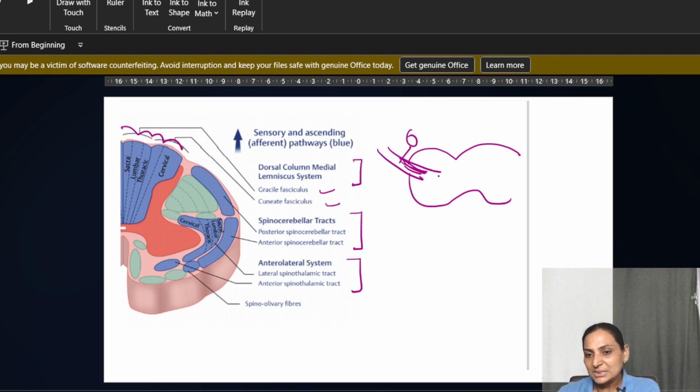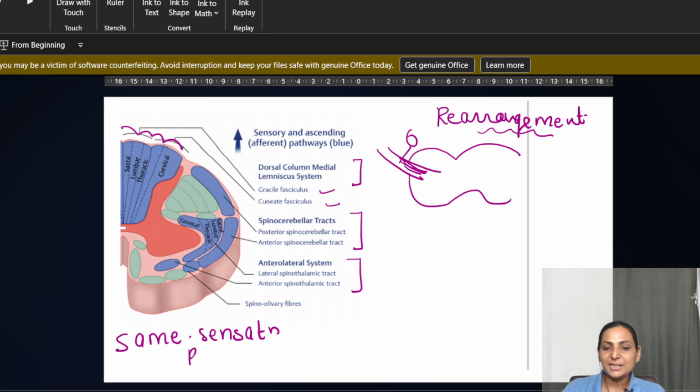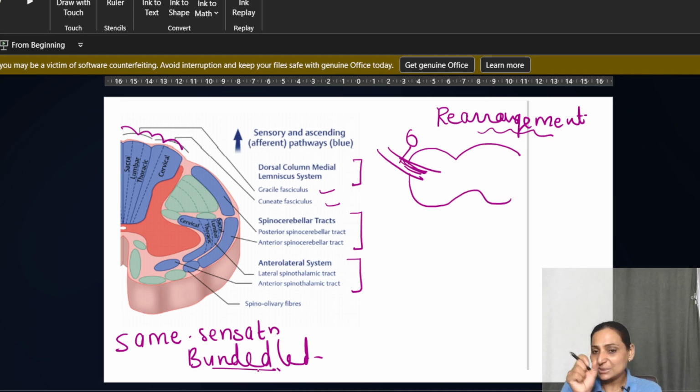Once they enter the spinal cord, there is going to be a rearrangement of the fibers, right? Those which are carrying the same sensation will be bundled together. For example, there is red wool, white wool; one color means one bundle.